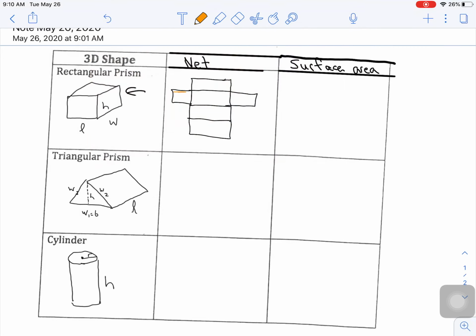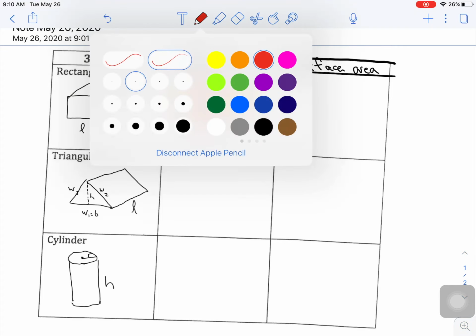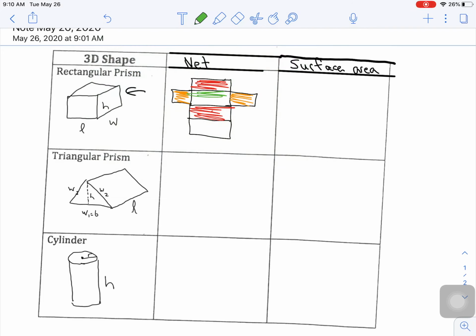As we could see, there are 3 rectangles here. Those 2 rectangles are the same. These 2 rectangles are the same. And these 2 rectangles are the same.